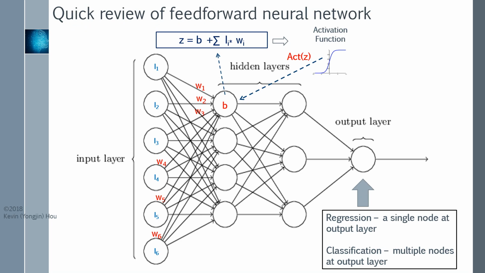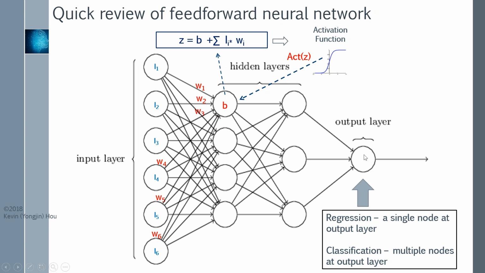First of all, let's quickly review the feed-forward neural network structure. With this kind of neural network, we have input layers which feed the inputs, the features or independent variables, to the hidden layers. Then hidden layers do some processing and pass the intermediate result to the next layers of hidden layers.